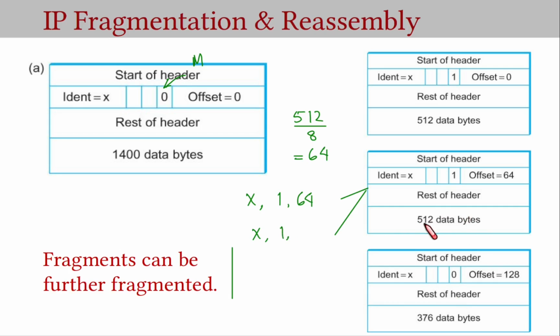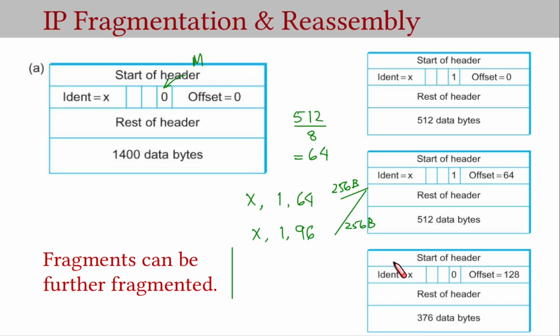And as I said, suppose we just cut into two pieces equal to 256 bytes and 256 bytes, so the offset is going to be 32 plus 64, which is 96. Note that even if one of the fragments is lost, the reassembly will not succeed at the destination.